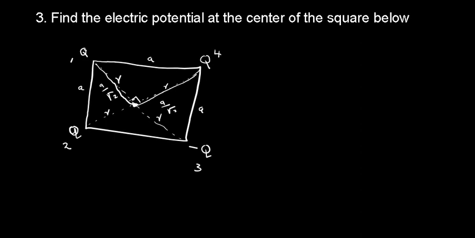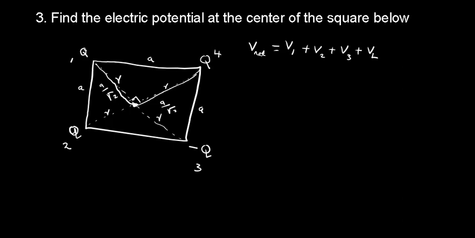The V net, or the total electric potential, will be V1, that is the electric potential at point 1, plus the electric potential at point 2, plus the electric potential at point 3, plus the electric potential at point 4.